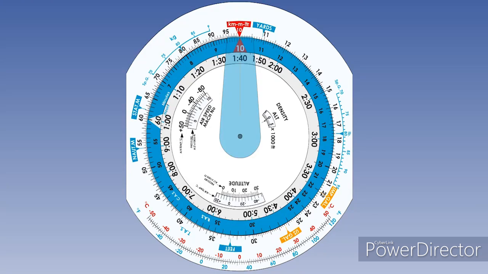The function which converts nautical miles, statute miles, and kilometers utilizes the blue indices labeled naut-m and stat-m, and the red index labeled km, m, and LTR on the outer scale. An example will illustrate how the computer works. Let's convert 65 nautical miles to both statute miles and kilometers.